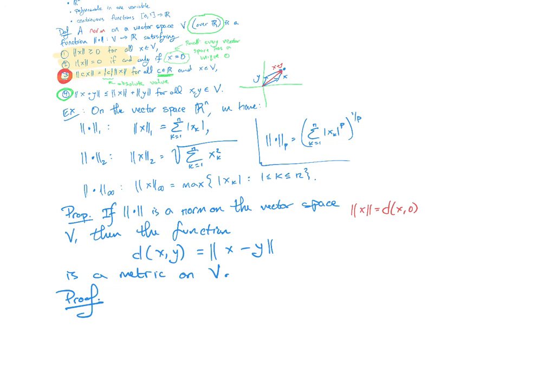Symmetry is scalar multiplication by -1.